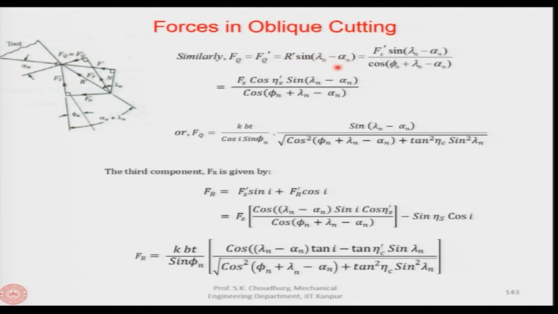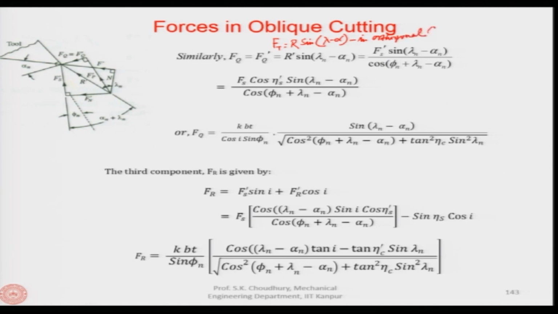So, if you remember, Fq is equivalent to Ft in the orthogonal cutting, and Ft was equal to r sine of lambda minus alpha in orthogonal cutting. Similarly, we are writing here that this Fq prime is r prime sine of lambda n minus alpha n.